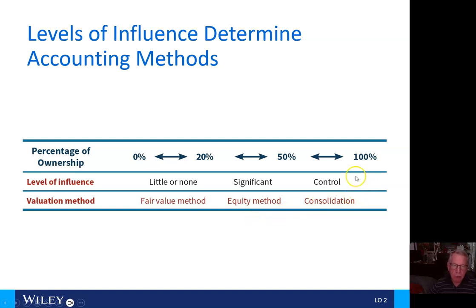But if it's greater than 50%, and up to 100%, then we basically have controlling influence over the corporation, and the valuation method is going to be consolidation.